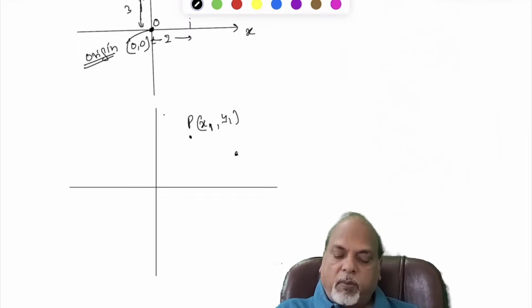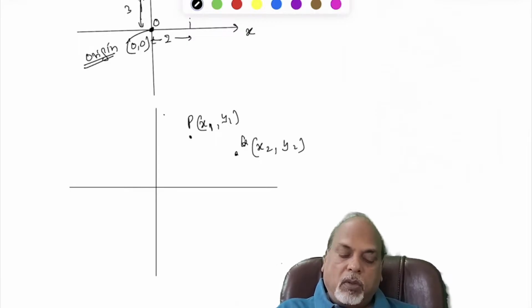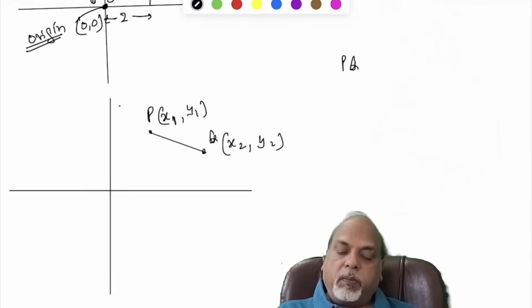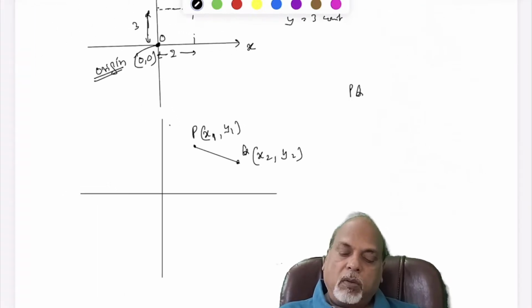You have another point Q which is (x2, y2). Now, if I ask you, what is this distance PQ?